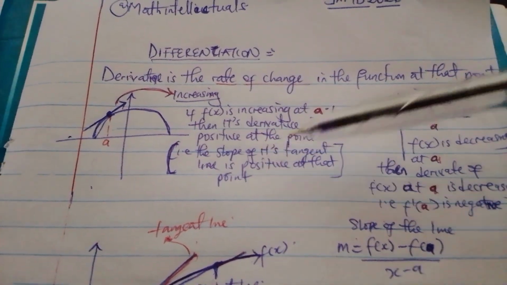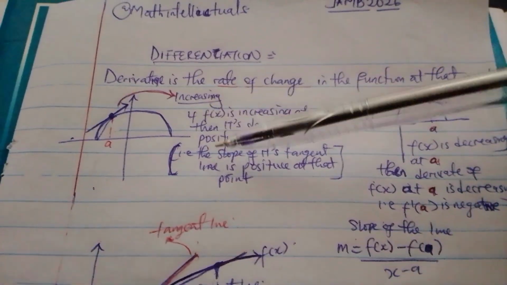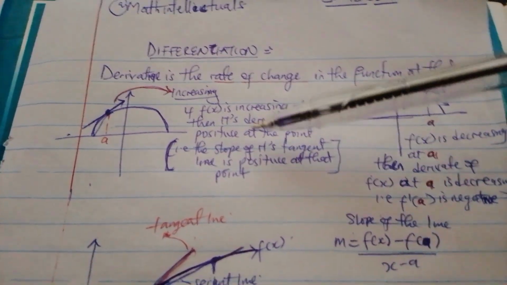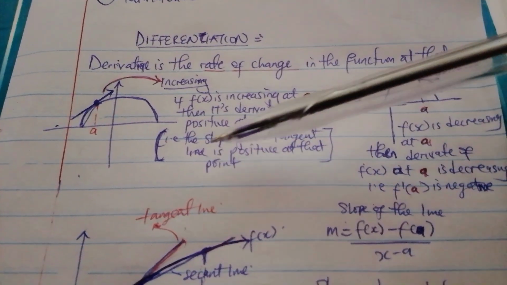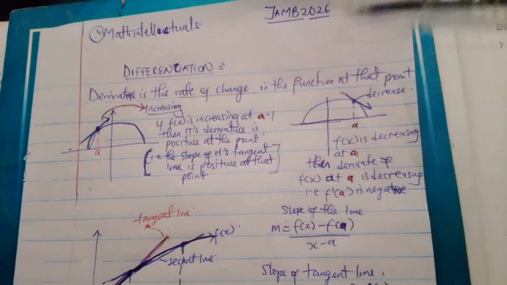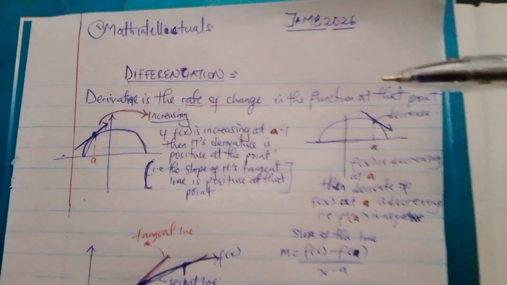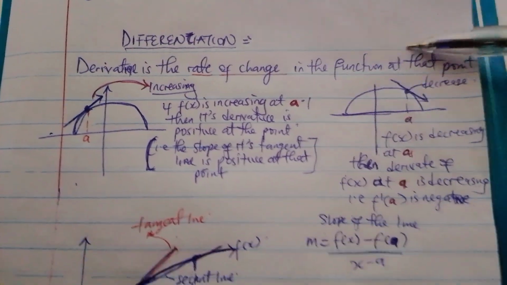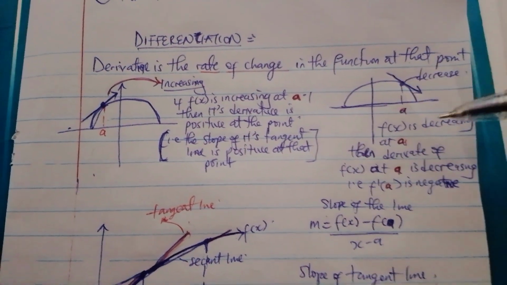When we say that the derivative is positive at a point, it also means that the slope of the tangent line is positive at that point. That is, we can interchange the derivative of a function with the slope of the tangent. So this is a tangent, and the slope of this tangent can also be referred to as the derivative of that function. Is it clear now?